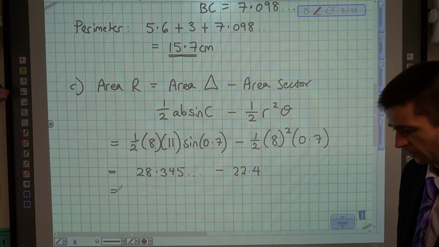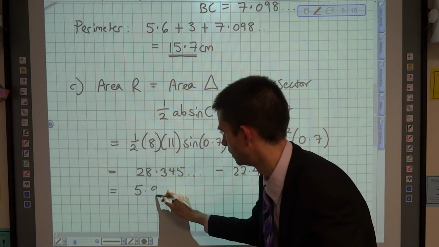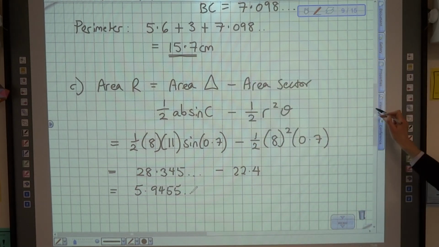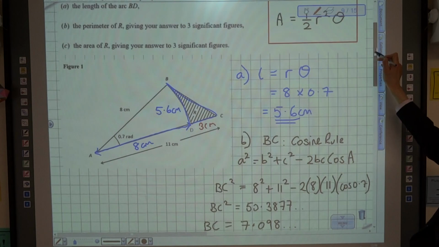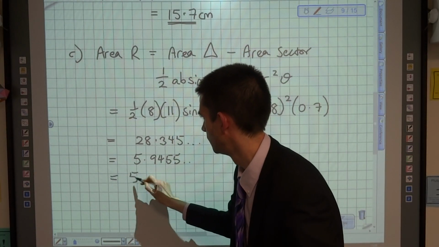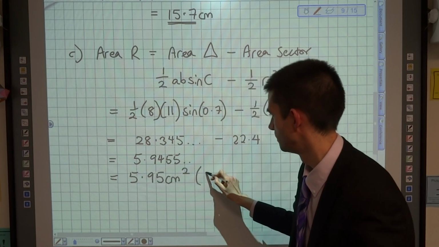I'm going to find the difference between those two things, which is 5.9455. Checking the accuracy, I think it was three significant figures. Yes, so three significant figures is 5.95 centimetres squared.